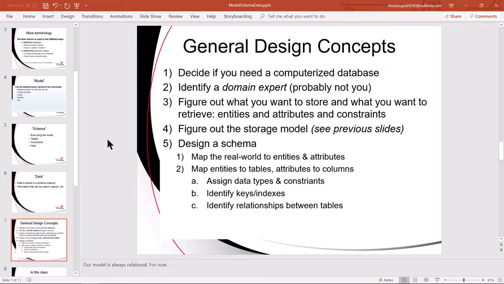Moving on to general design concepts. In this class, we are skipping a lot of the design process. I want to provide you some background, and I want to emphasize that what we do in the real world requires extensive design.